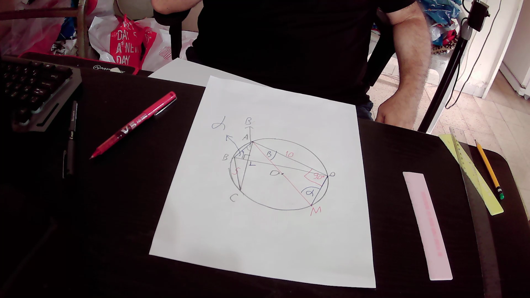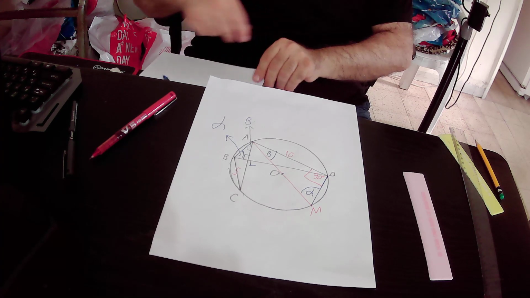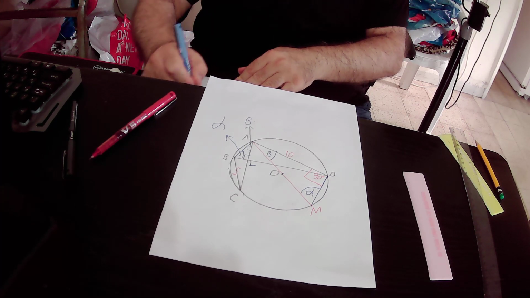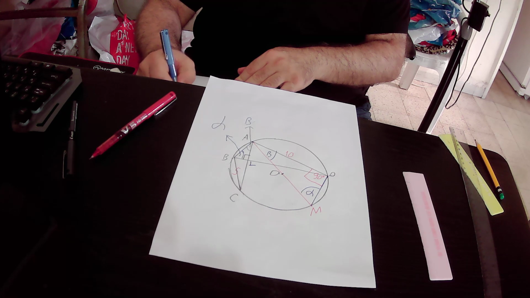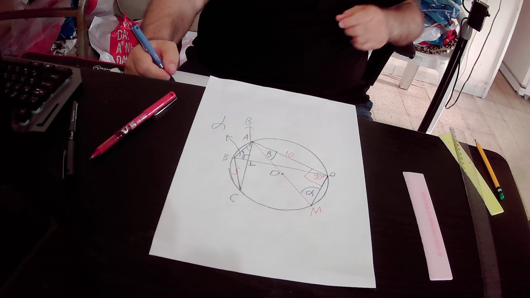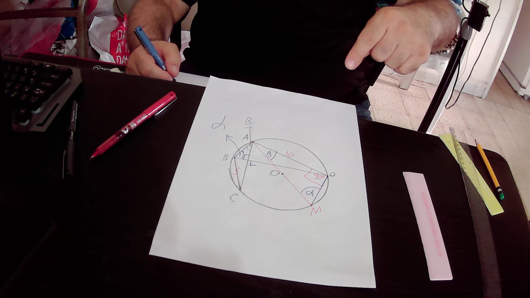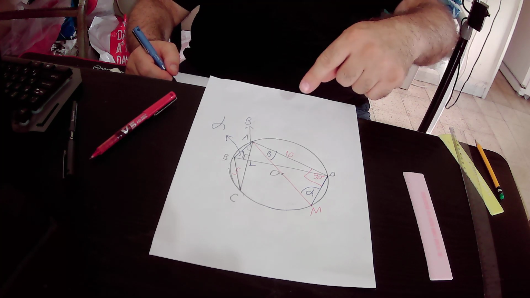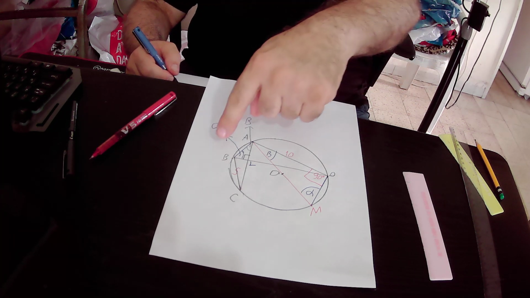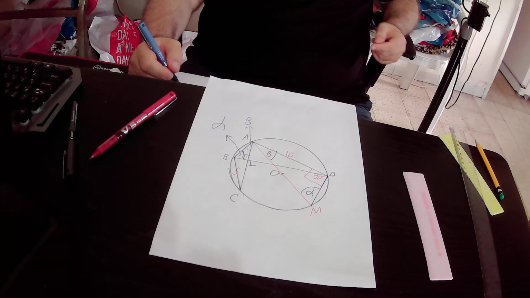We have peripheral angle beta, so write it down. Angle BAC equals beta.